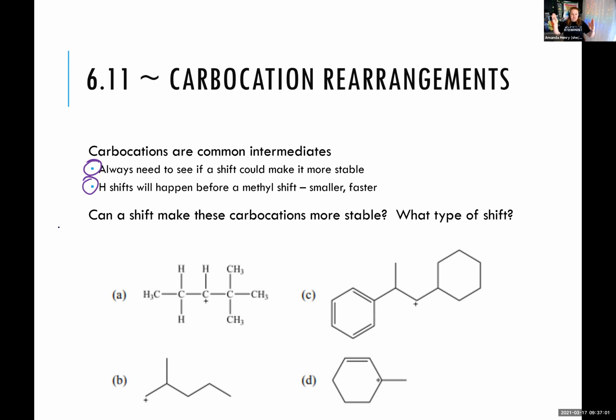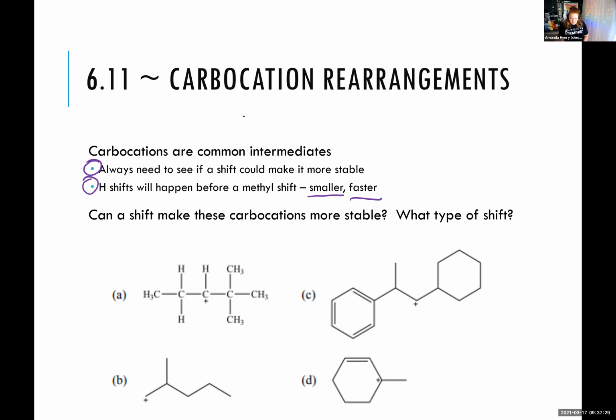So if there's a carbocation sandwiched between two carbons, and doing a hydrogen shift on one side would create tertiary, and a methyl shift on the other side would make it tertiary, so both sides could make it more stable, the hydrogen is going to happen first. Hydrogens are smaller, which means they're easier to shift over, and they're moving faster. So this is really a kinetics thing. The hydrogen can shift over before the methyl can.